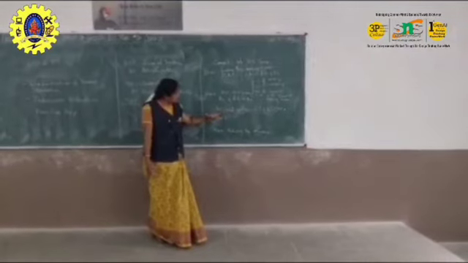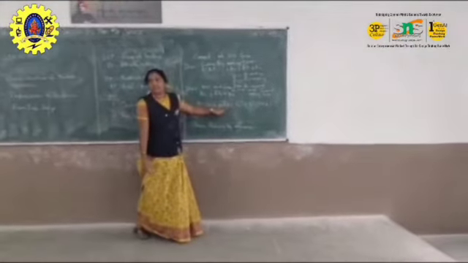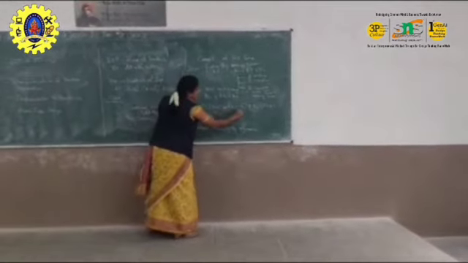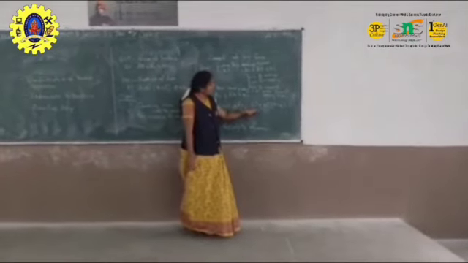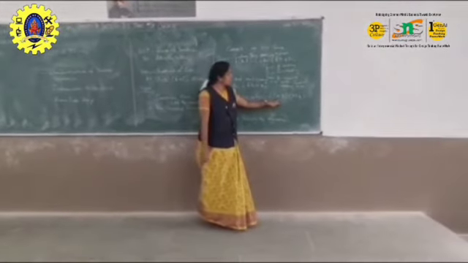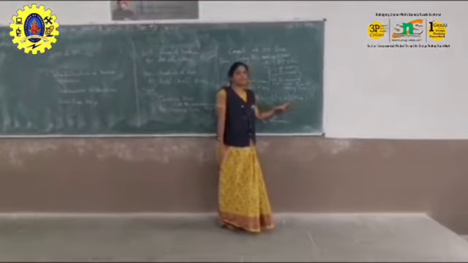So AC into B plus B bar. In the second term C is missing, so we use C plus C bar. So A bar B into C plus C bar. In the third term A is missing, so we use A plus A bar into B C bar.